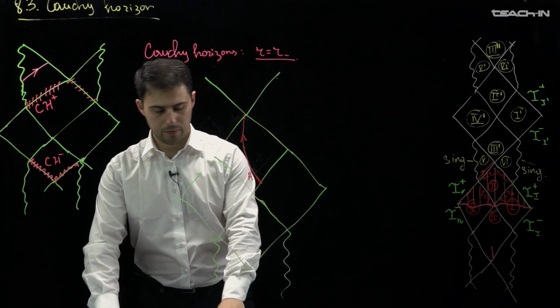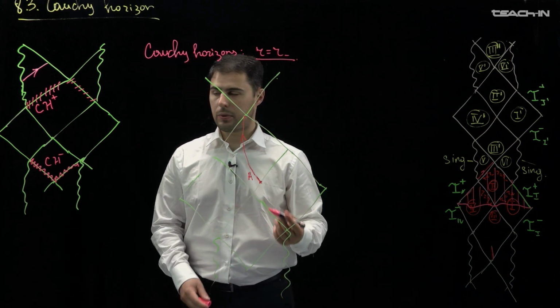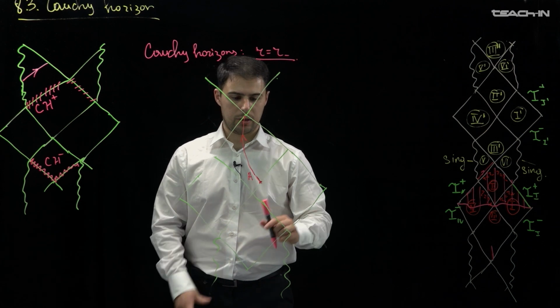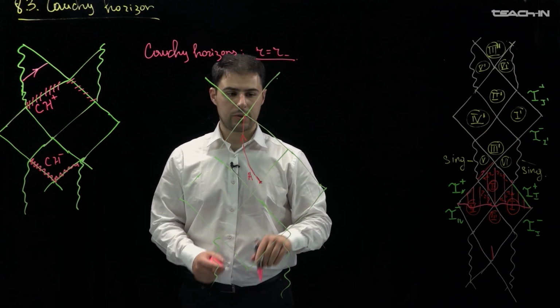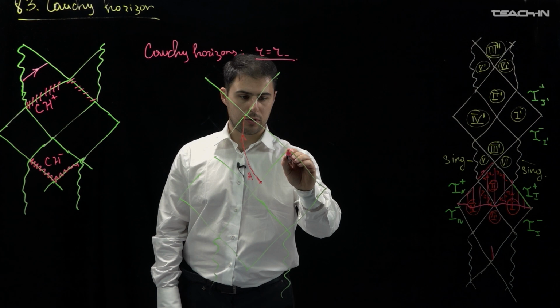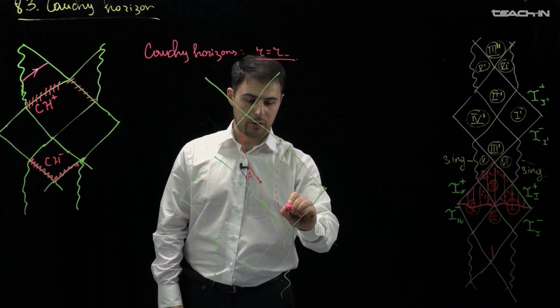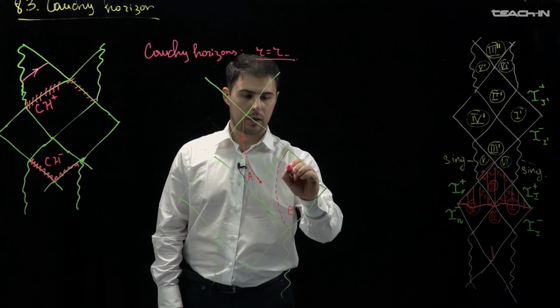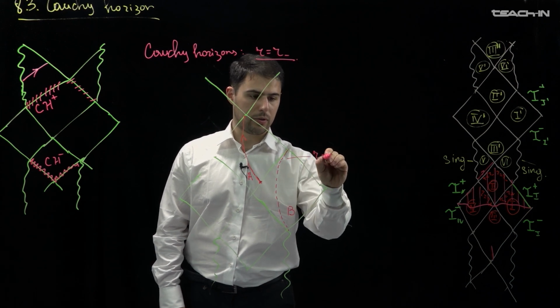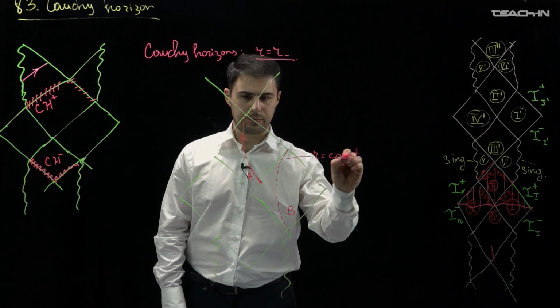The observer B stays outside, and let's say that it always stays at a constant radius. So this is observer B, and this is the r equals constant line.